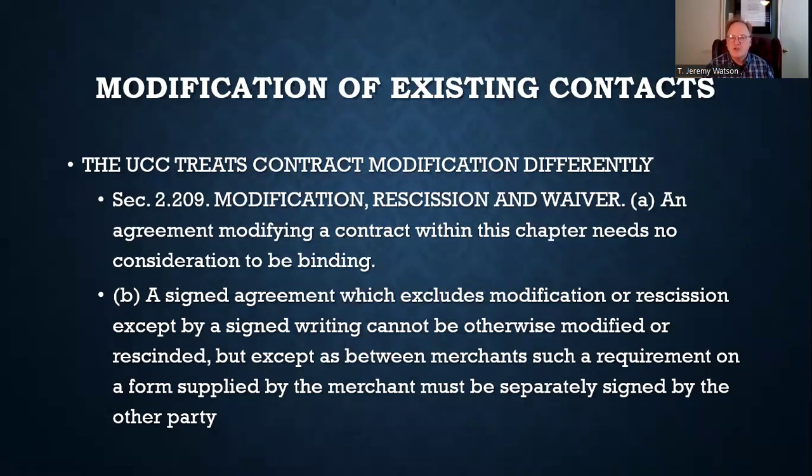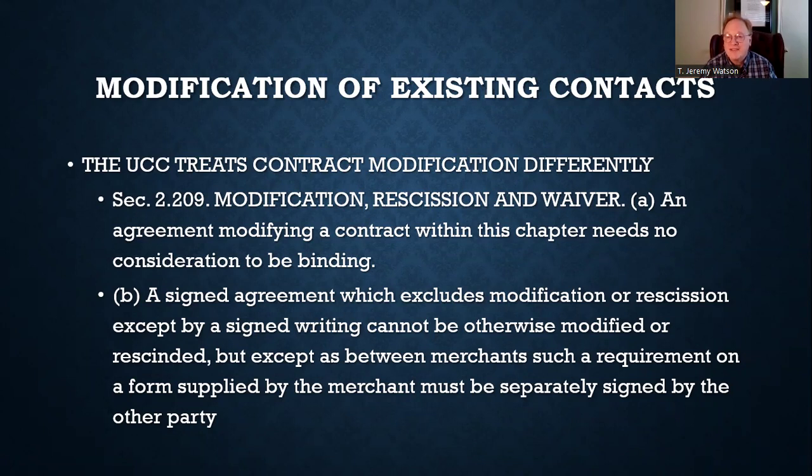The UCC section 2-209 says that an agreement to modify a contract that falls under this chapter, that falls under Article 2, does not need consideration to be binding. Okay. As long as, B, it's represented by a signed writing. Okay. A signed agreement that excludes modification or rescission can be changed if there is a signed writing. Okay.